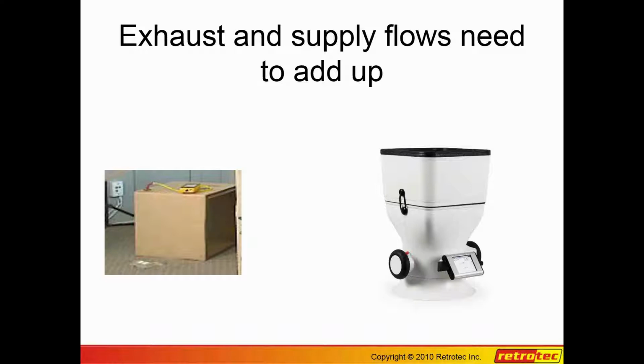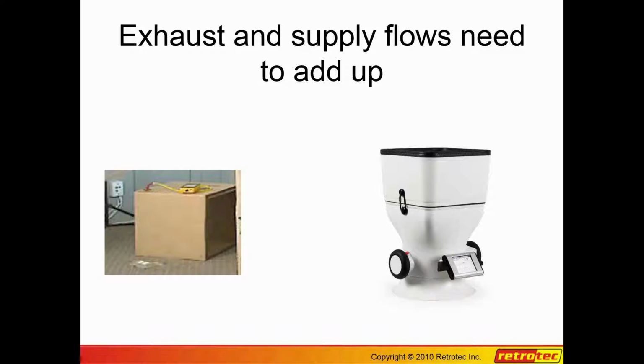So if you use a device like this, you could probably accurately measure your exhaust flows to within easily 10%, maybe even better, no problem at all. If you measure supply flows, you could easily be off by 40–50%.